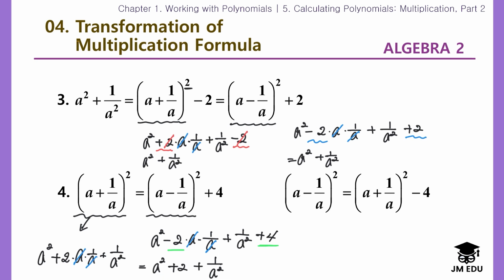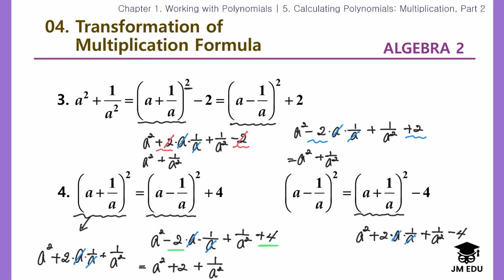The last one. If we have (a - 1/a)², then that is equal to (a + 1/a)² - 4. Okay, check this. Let's expand this expression right here. That's a² plus 2 times first term times the second term plus the second term square, and we have a minus 4.